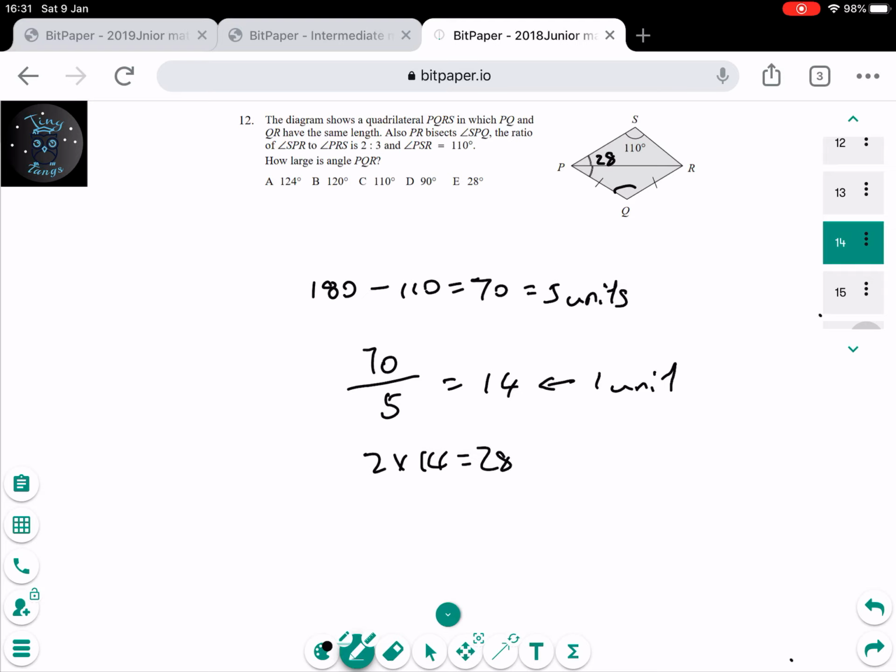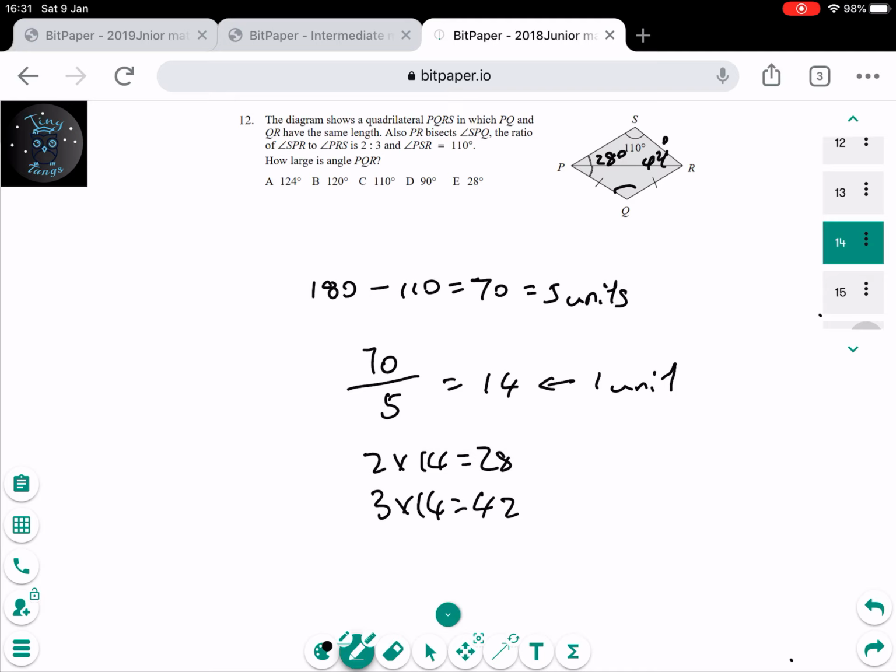And 3 times 14 equals 42, so that's 42 degrees. 42 plus 28 equals 70, and 70 plus 110 equals 180, so we know that's correct now.